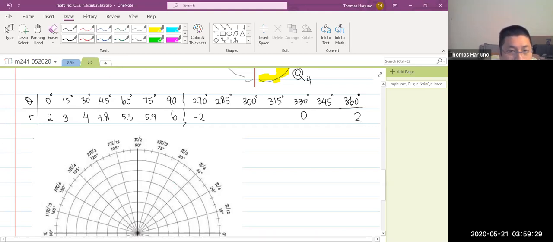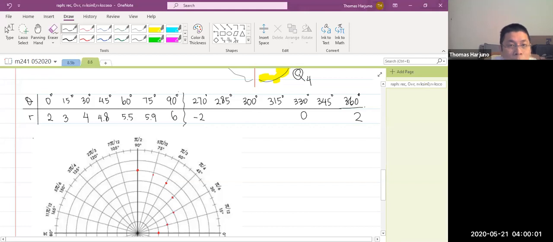In quadrant 1, at 0 degrees, that's 2. 15 degrees, that's 3. 30 degrees, that's 4. 45 degrees, 4.8. 60 degrees, 5.5. 75 degrees, 5.9. 90 degrees, that's 6.